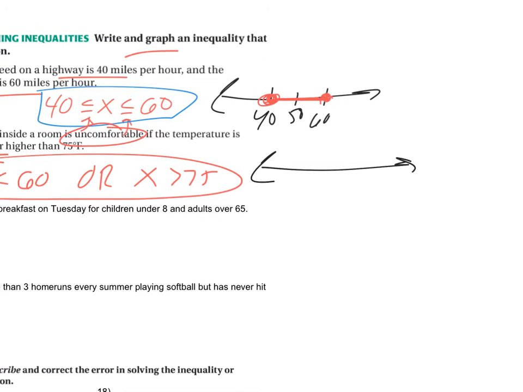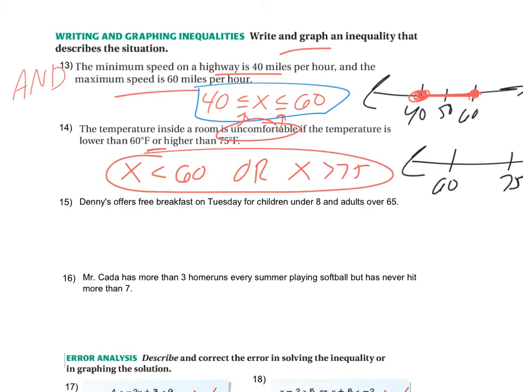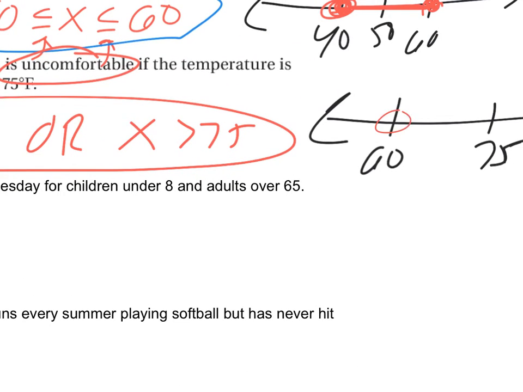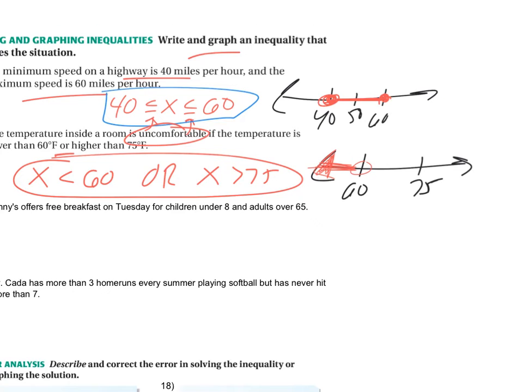And now I'm going to graph that one, make a quick sketch of it. We said it's going to be lower than 60, higher than 75. I didn't talk about it too much, but judging by what it's saying, they're lower than 60. So it's not saying 60 degrees, it's saying lower than. That's why I've got the open circle and then just the less than sign when I made the inequality. I believe that seems right for that situation.